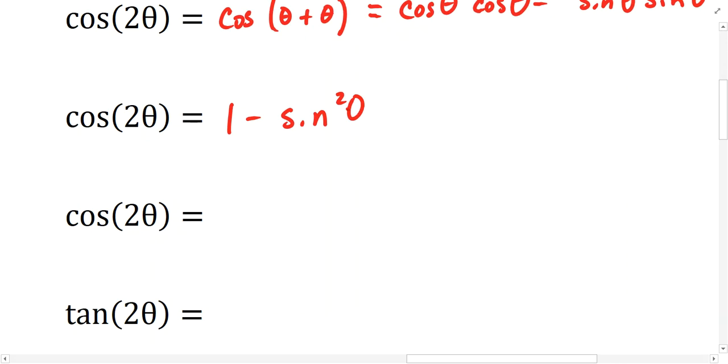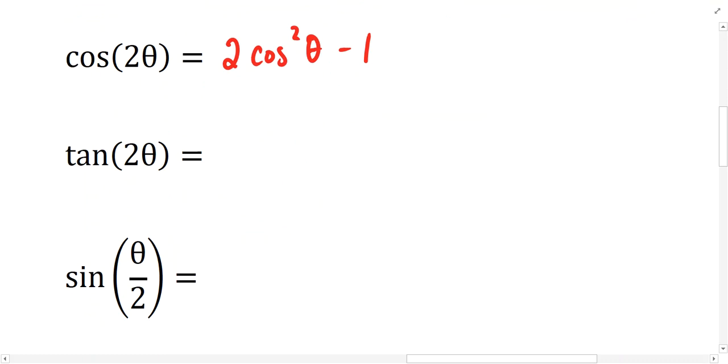So the other copies of the double angle identity look something like this: 1 minus 2 sine squared and 2 cosine squared minus 1.